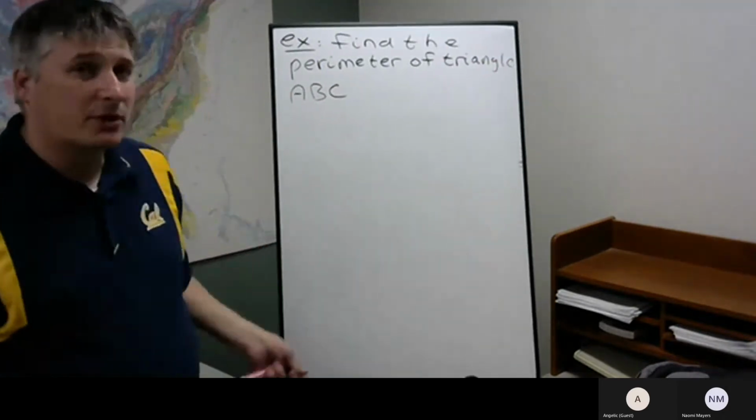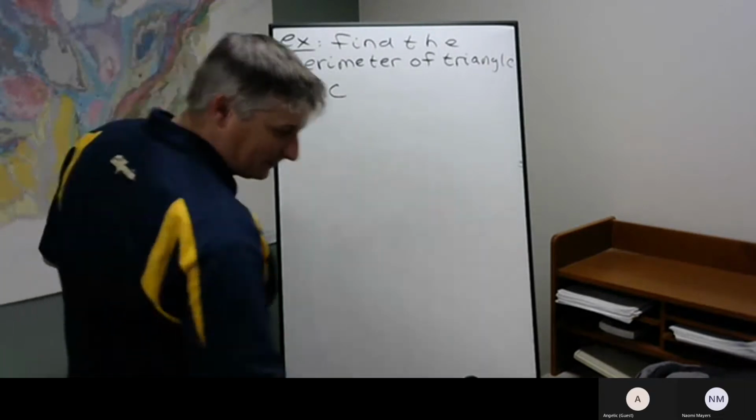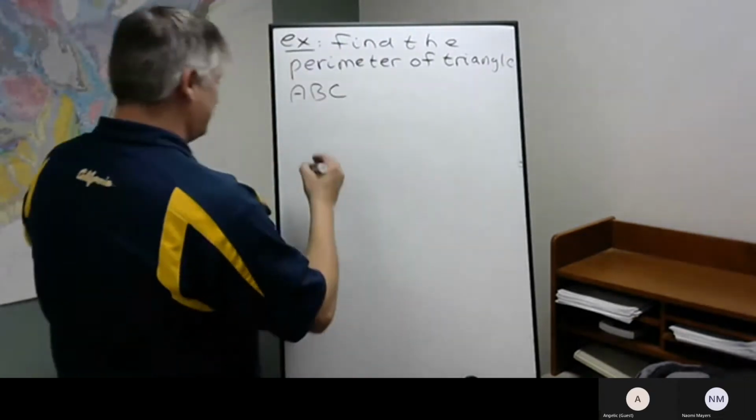So we're looking for the perimeter of triangle ABC. So let's say we have this.